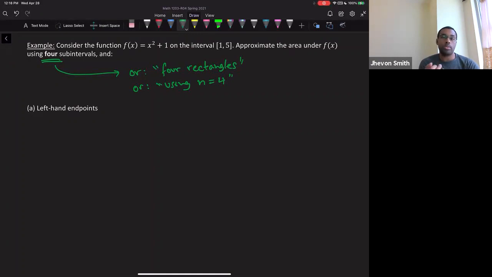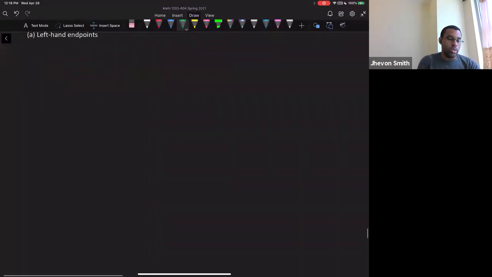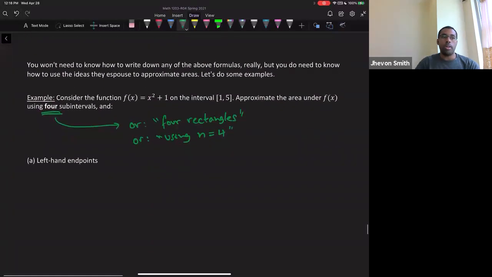So I can say n equals 4. We're going to do this 3 ways: the left hand, the right hand, and the midpoint. I'm going to show you the process for each. And it's not going to be bad in principle, so it should be okay.